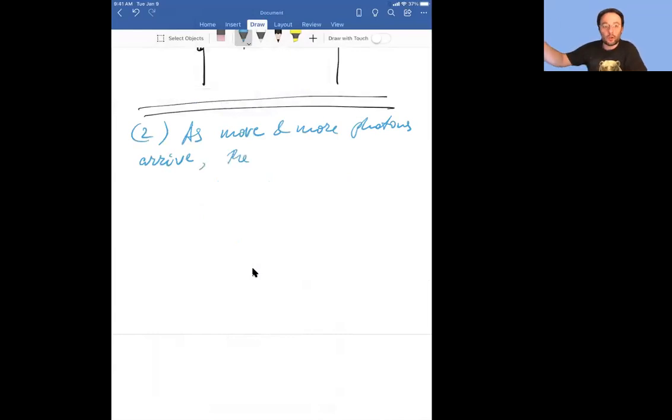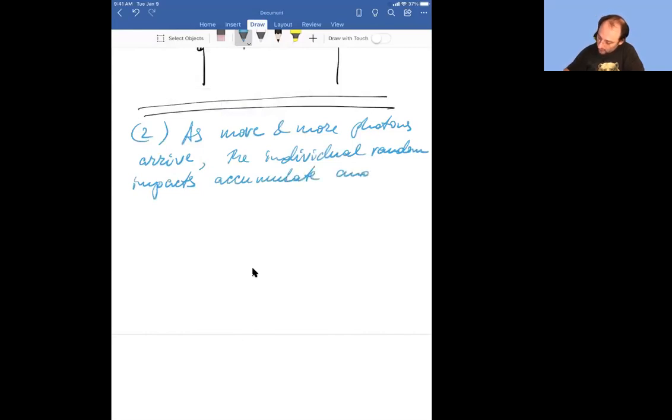The individual random impacts accumulate and begin to resemble the familiar fringe pattern.